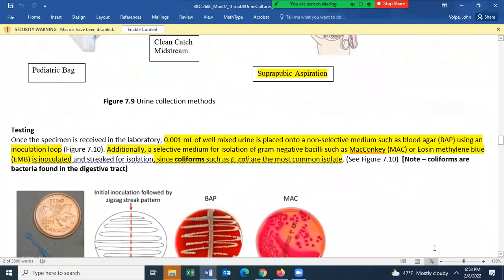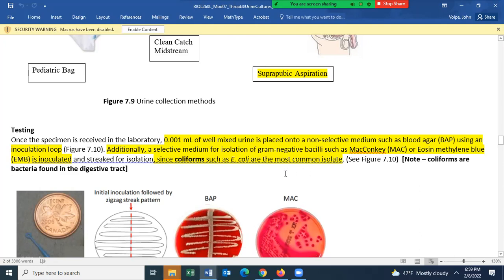We should grow the urine specimen on a non-selective media such as blood agar. However, we should also take the urine and put it on a plate that grows gram-negative bacilli, such as MacConkey's or eosin methylene blue. Both of these plates are selective for gram-negatives because coliforms are the most common isolate of a human pathogen obtained from a urine specimen.